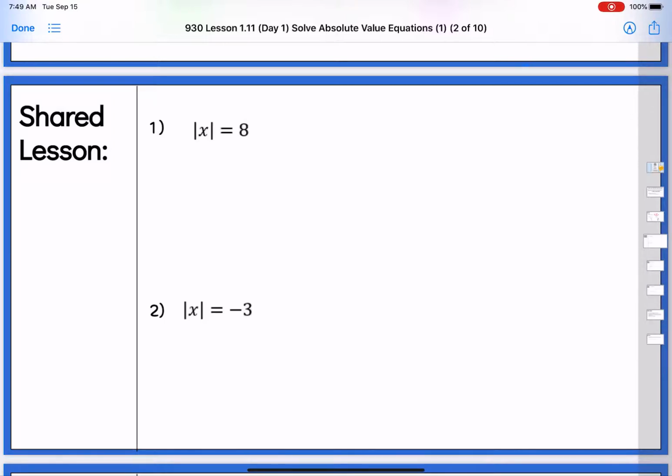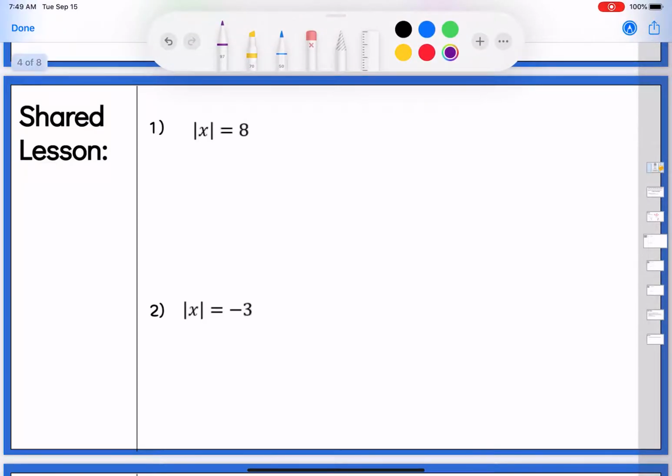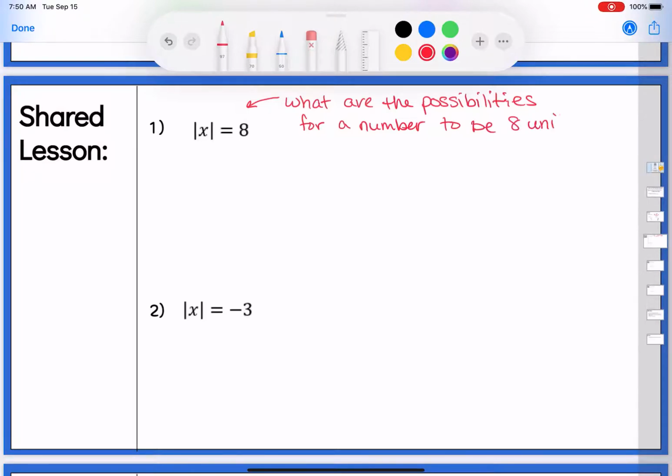Number 1 here says the absolute value of x equals 8. So really, what this equation is asking us to find is, what are the possibilities for a number to be 8 units away from zero?